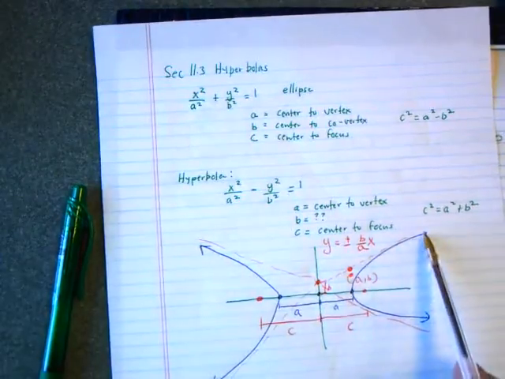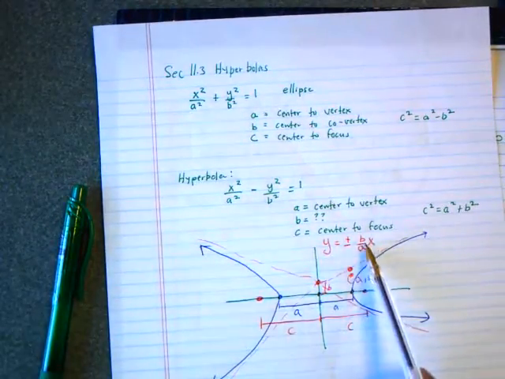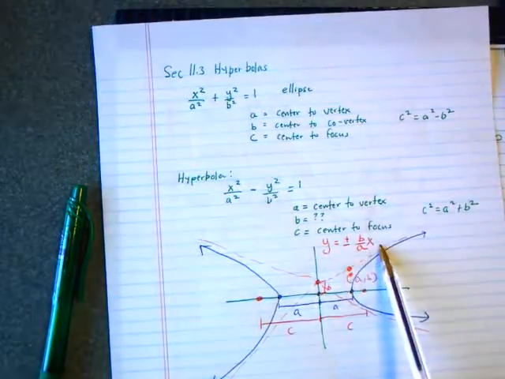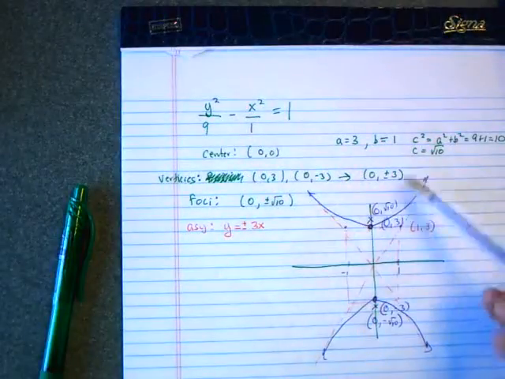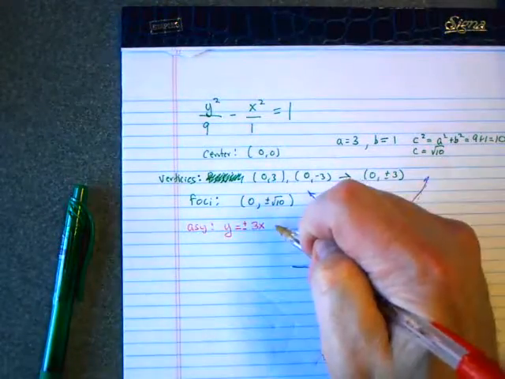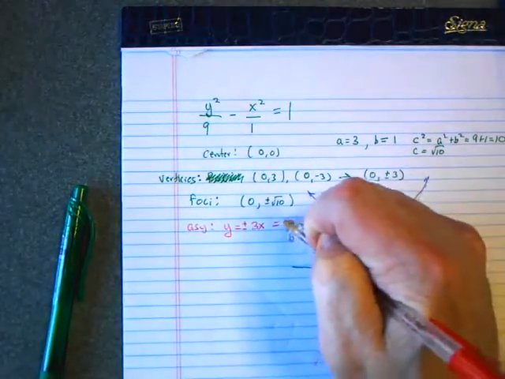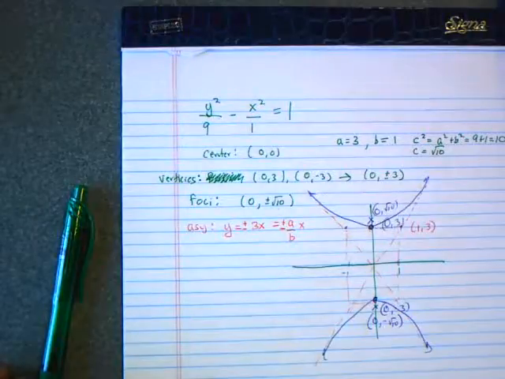When your hyperbola goes left and right, like this one does, your asymptotes are y equals b over a times x. When your hyperbola goes up and down, like this one does, then it turns out to be a over b times x. So they change slightly.